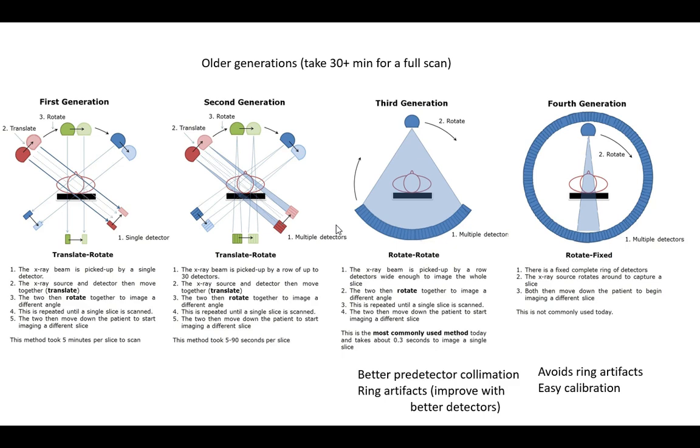But imagine how I have to do it. I've got the source, a whole bunch of detectors, and they're rotating. How do I connect? Because there are lots of detectors, I have to get those signals out, and I have to do it really fast, so I've got a lot of connection cables here. As I'm rotating them, what's going to happen?